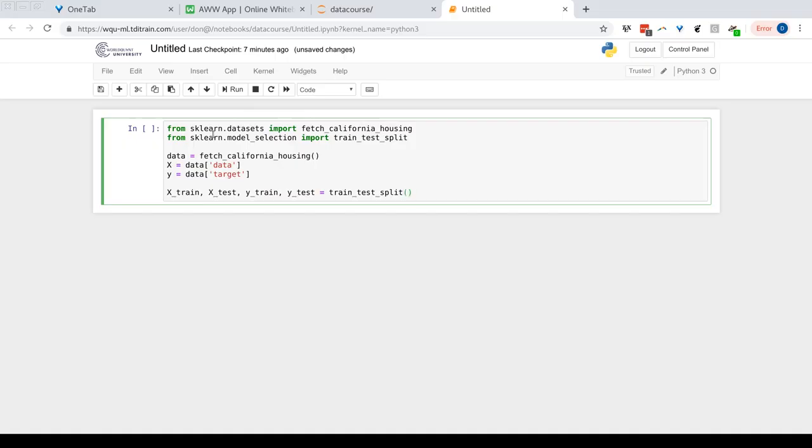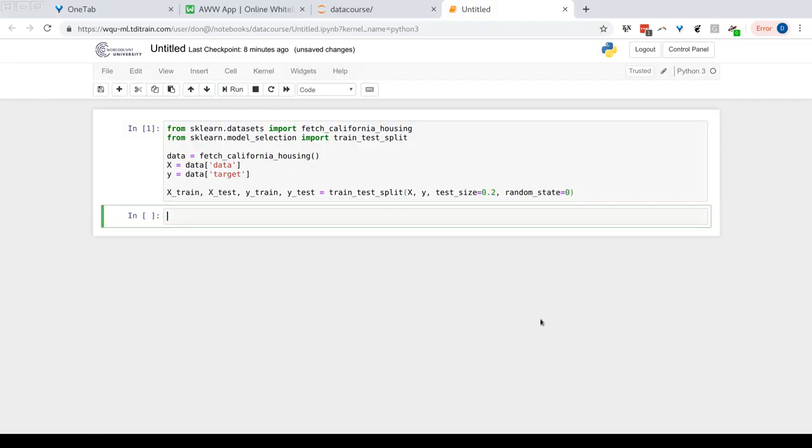I'm going to train on the train set and evaluate on the test set. Okay. Let me import matplotlib for plotting purposes.